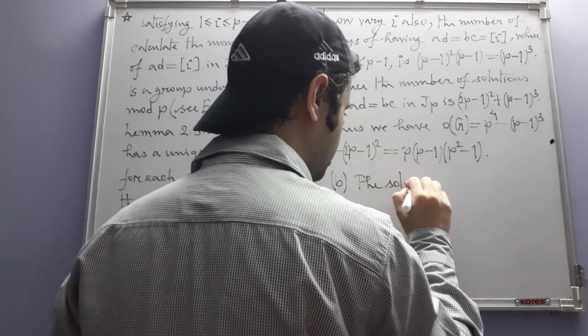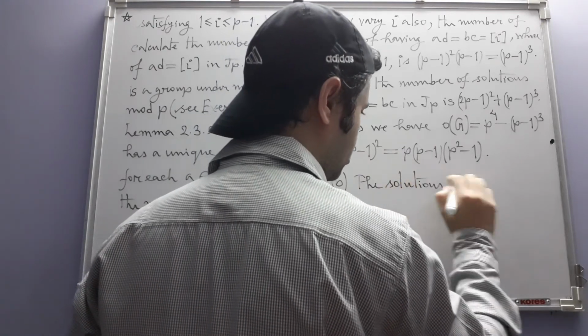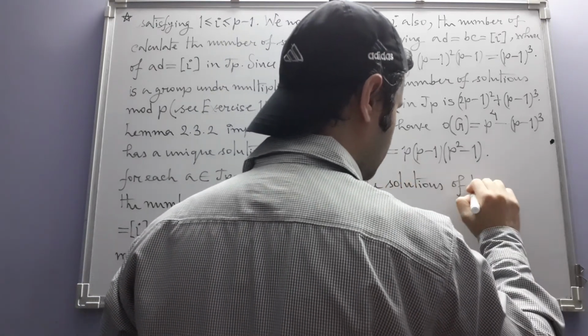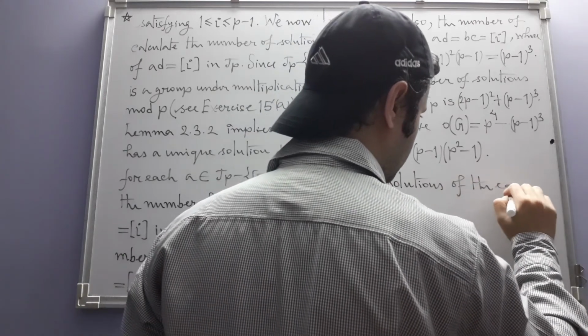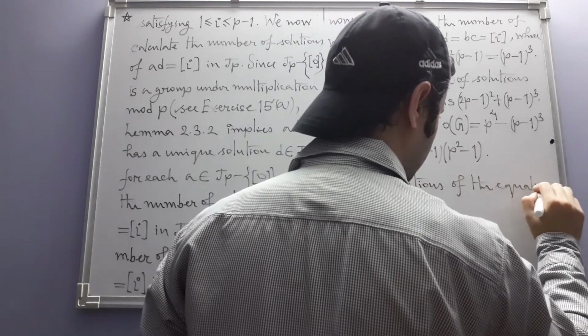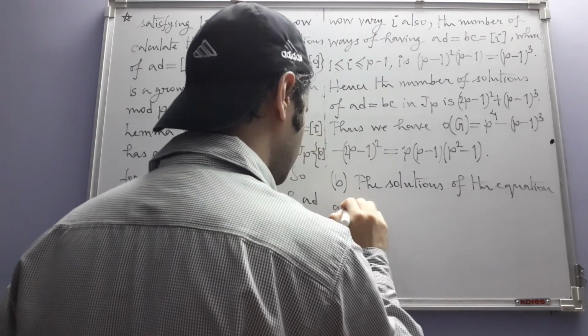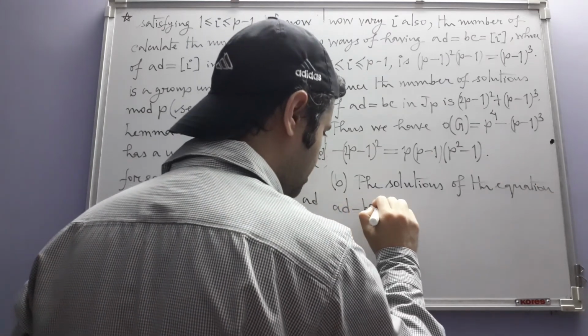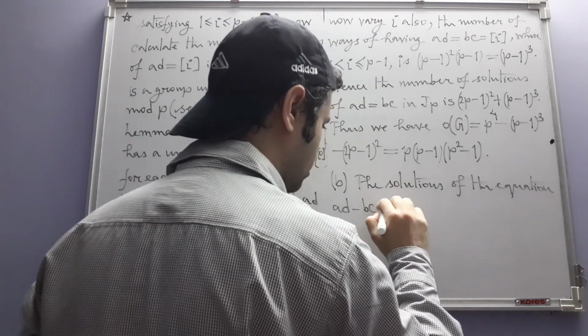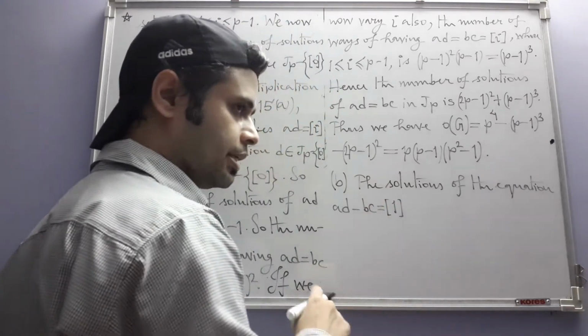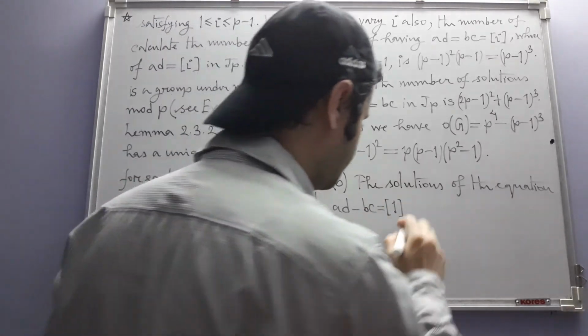The solutions of the equation AD minus BC equal to 1, but there we had J3, now we had JP.